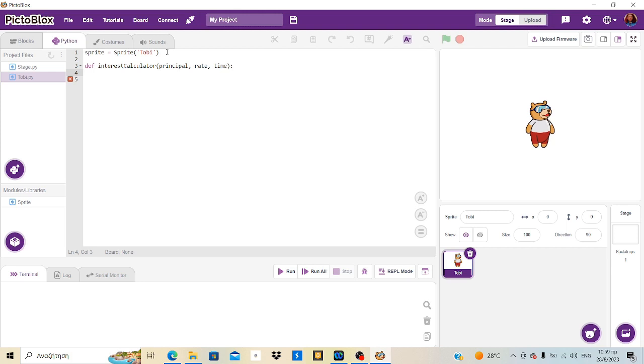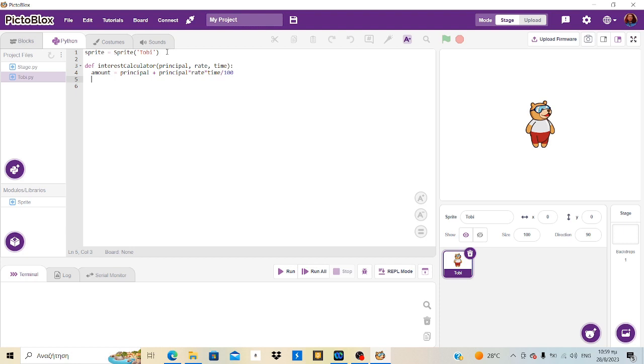Of course, the amount is very important. So we have principal plus principal multiplied by rate and also time divided by 100.